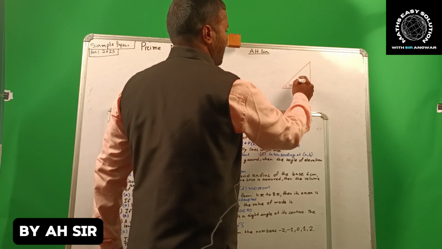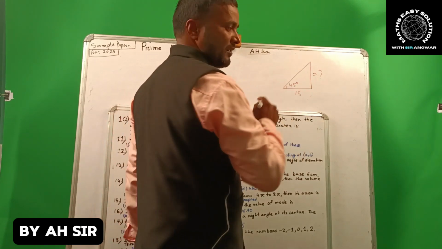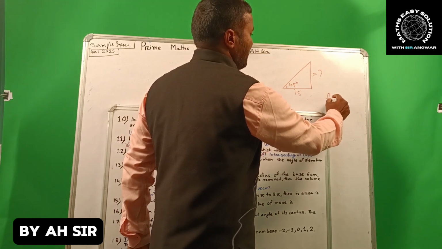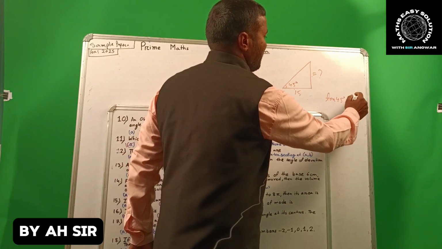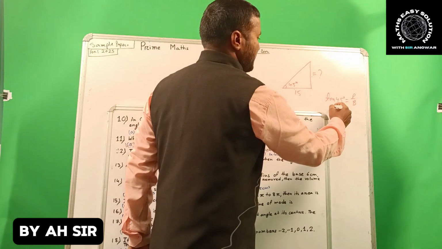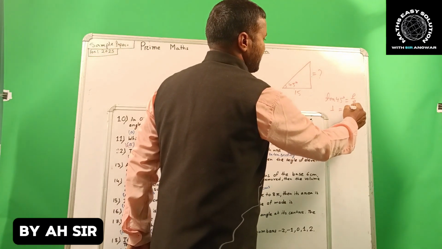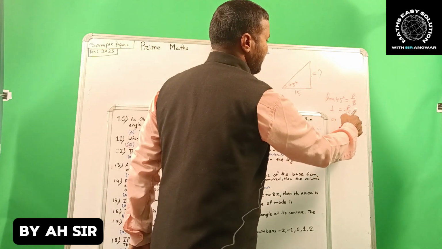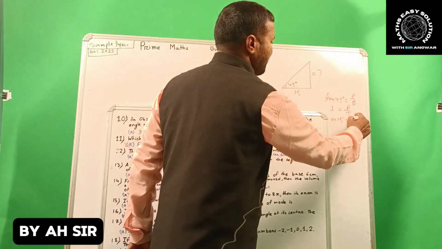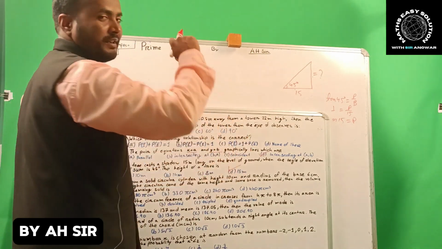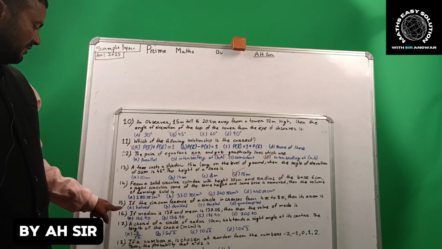It is 45. Now this is the question to calculate. So tan 45 equal to P by B. P is question mark, B is 15. So P is not given, B is 15. We calculate 15 into 1, 15 equal to P. So very simply, this one will be option D. So you see question, next question.